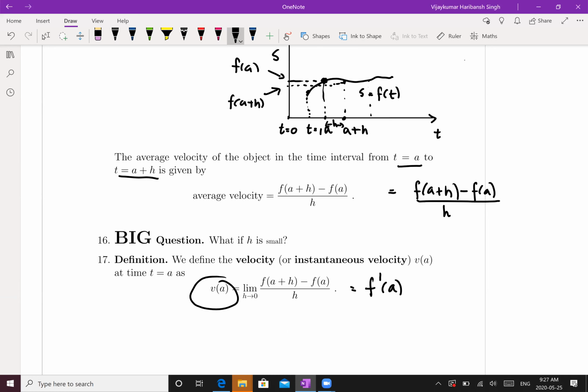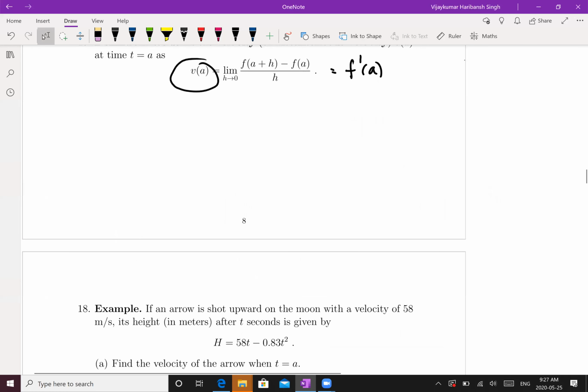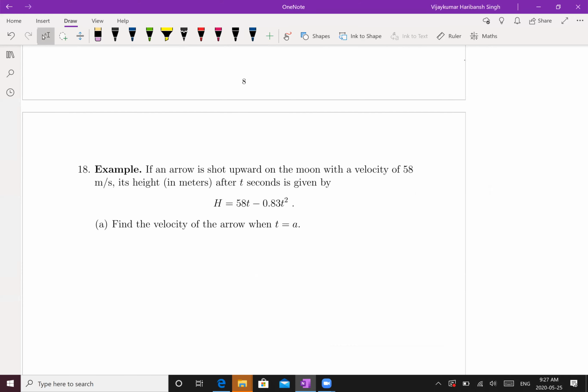All right. So now let's look at the following problem. If an arrow is shot upward on the moon with a velocity of 58 meters per second, its height in meters after t seconds is given by h equals this expression. Find the velocity of the arrow at time t equals a.